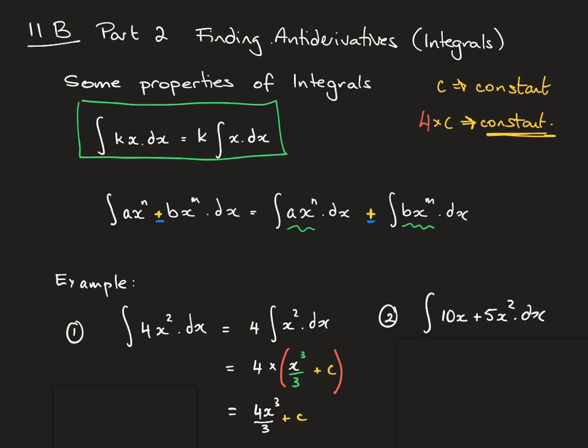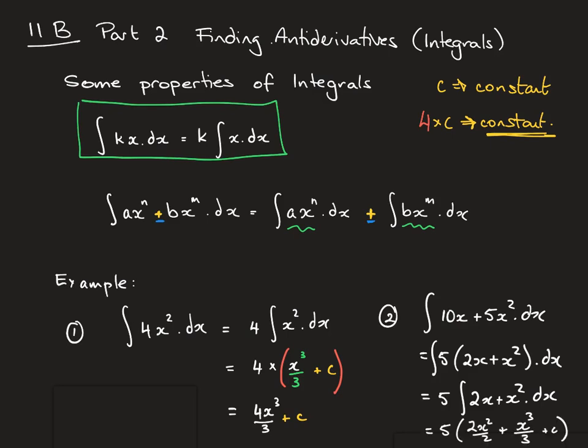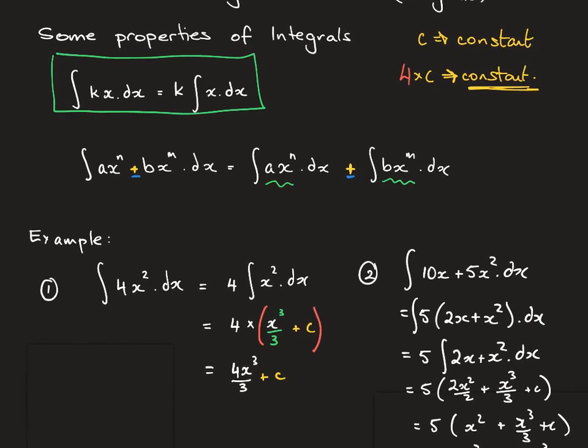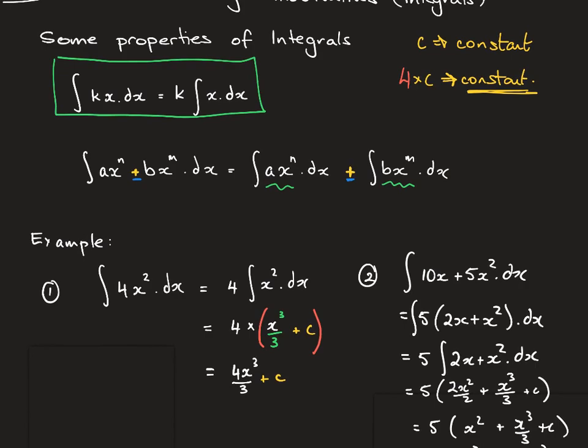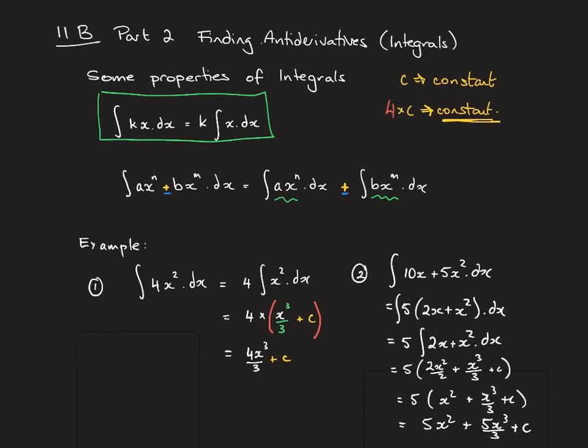All right, so the next one, question 2, we've got the integral of 10x plus 5x squared. You can see that there's a common factor of 5 in that function, so I take the common factor of 5 out, and then I can move that to the front of the integral, and then I would go ahead and integrate both of those parts and then simply tidy it up by cancelling down anything that you can cancel, and finally multiplying through by 5 if you want to.